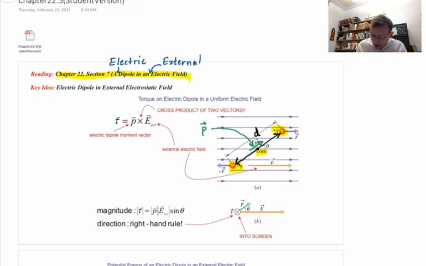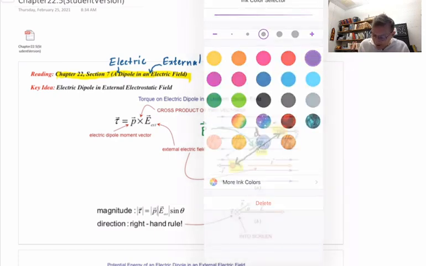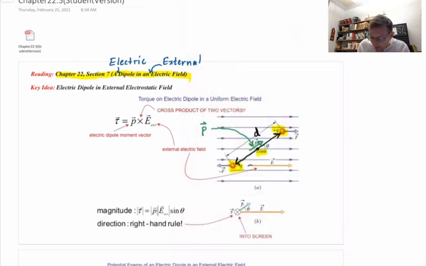And the electric field lines that you see here in blue, which are directed, pointing from left to right, and uniformly spaced, are showing you that that uniform external electric field, E arrow, points to the right. And it's in that external electric field, E arrow, that the electric dipole, with its dipole moment, little p arrow, is immersed.